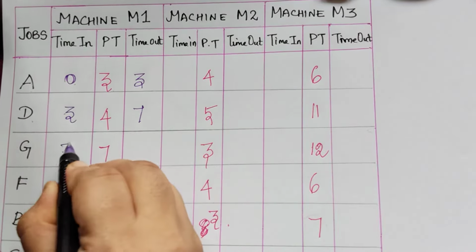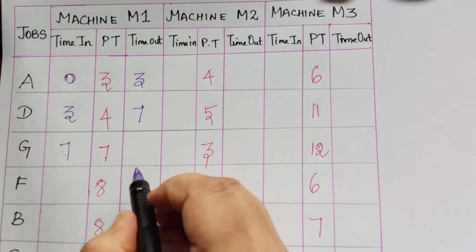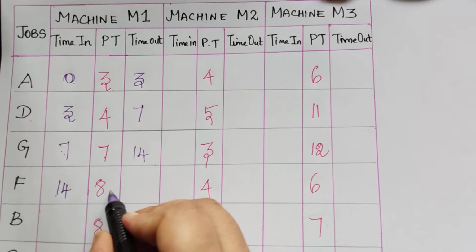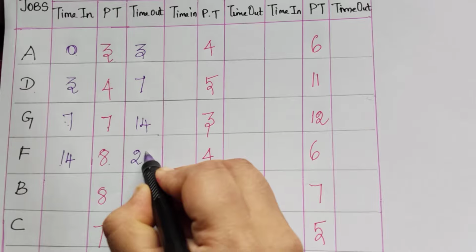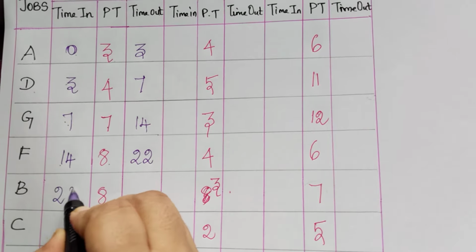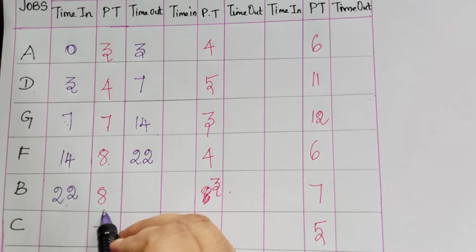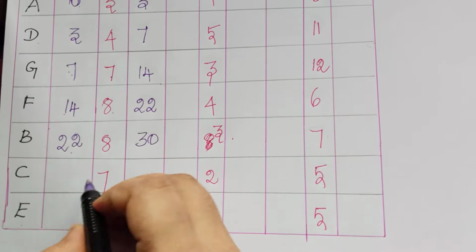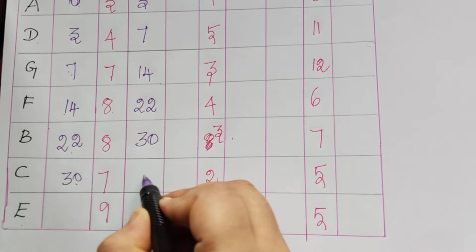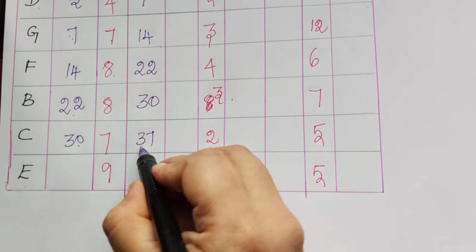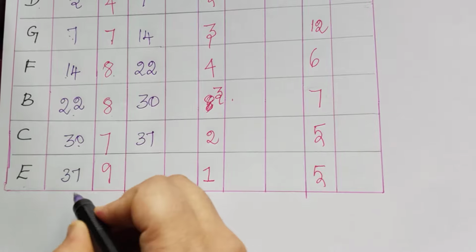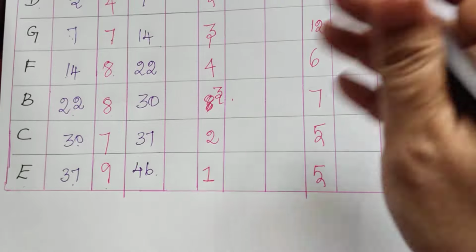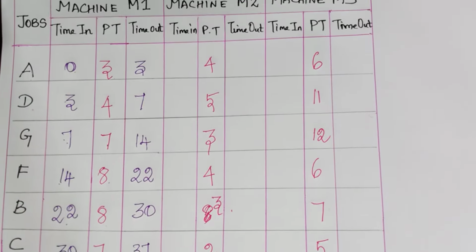So 7 has to come here. 7 plus 7 will be 14, and then 14 will come here. 14 plus 8 is 22. So 22 we write here. 22 plus 8 will be 30. And then the 30 we write here. So 30 plus 7 is 37. So 37 we write here. And 37 plus 9 is 46. So we are done with machine 1. Time in and time out is done.